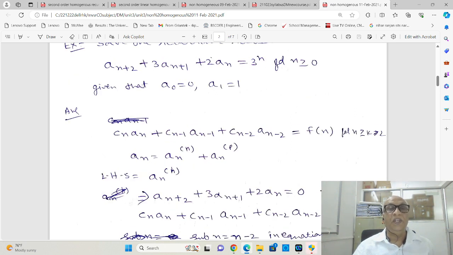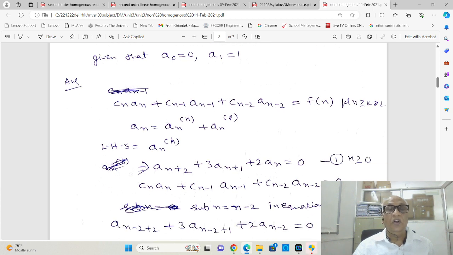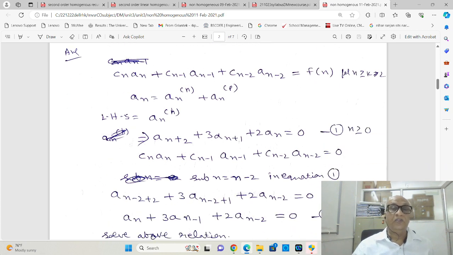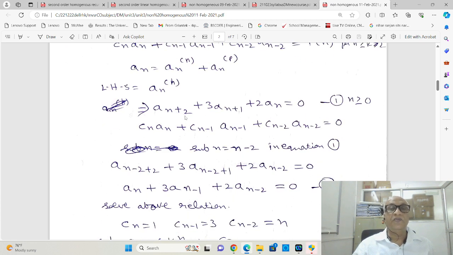So first take the LHS and solve for an homogeneous. That will be an plus 2 plus 3an plus 1 plus 2an equal to 0, as n is greater than or equal to 0. Now here we are going to substitute n with n minus 2 as we want to make it second order. So this becomes an minus 2 plus 2 plus 3an minus 2 plus 1 plus 2an minus 2.